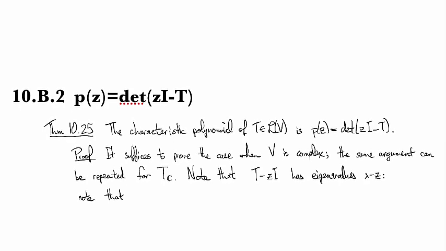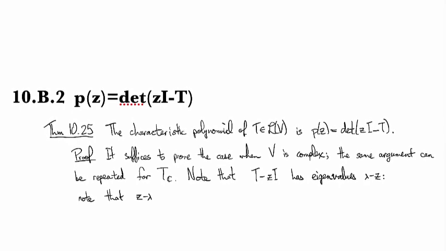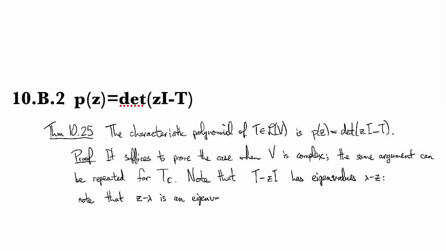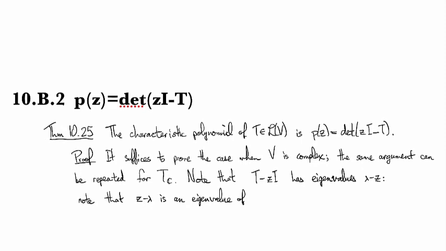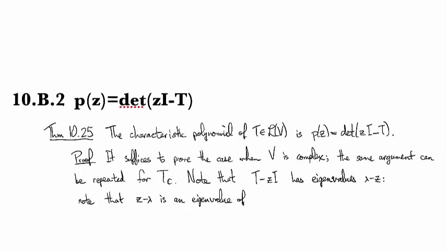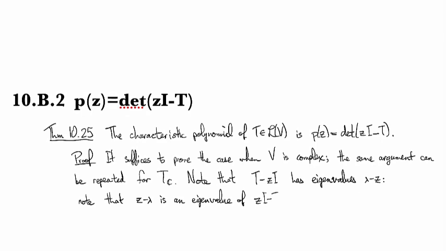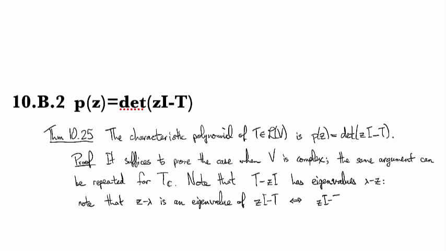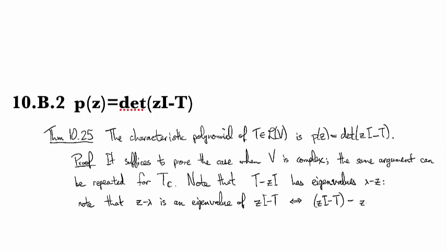Notice that z minus lambda is an eigenvalue of zI minus t if and only if, so we need zI minus t, our operator, minus, and then the diagonal perturbation is not invertible.